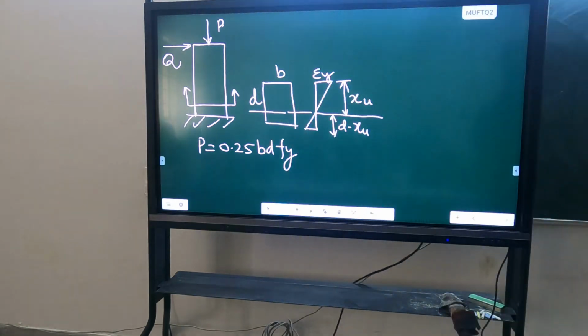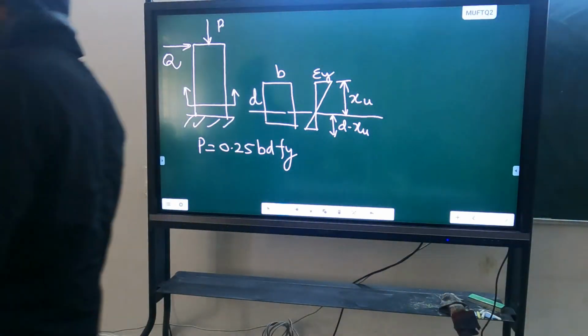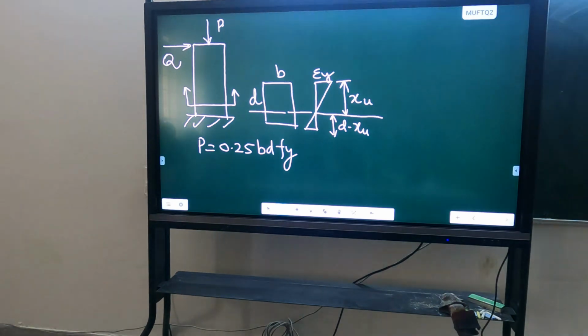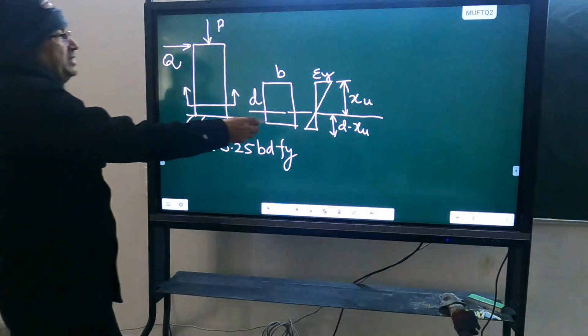So you can see that both the fibers are not reaching the yield point simultaneously. If it is subjected to compressive force, then the fiber on the compression side will reach the yield strain first. The tension side will reach the yield strain later, because there has to be a linear relationship.